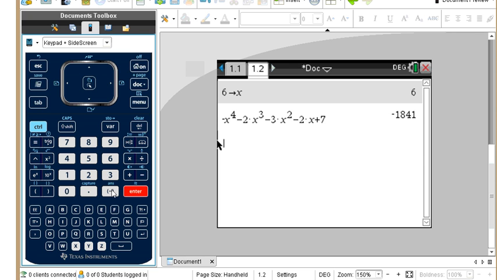We're going to have negative x to the power of 6. That's going to be a rather large number right there, plus 9x to the fourth minus 27x squared. And finally, we're going to add 28.